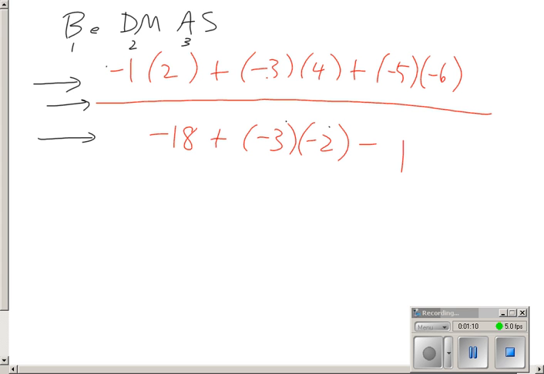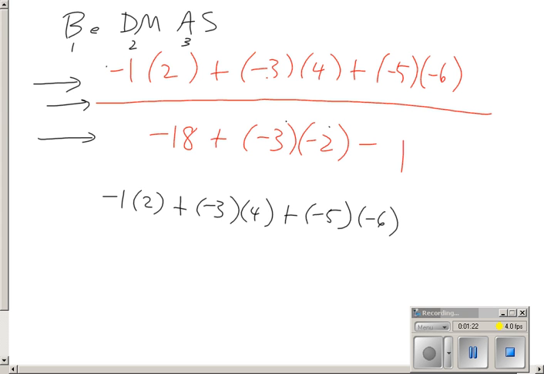So we'll start with the top part. So we have -1 times 2 plus -3 times 4 plus -5 times -6. Now, if you wanted, you could do one step at a time. Or you could realize as long as I don't do addition, I just simplify all of my multiplication because that's all that's here. I can do it all in one step, keeping the addition signs between them.